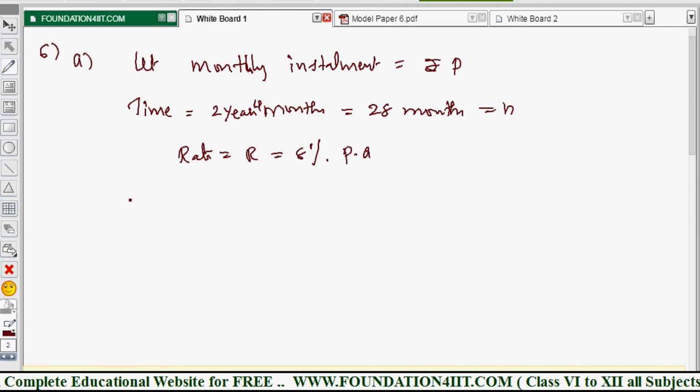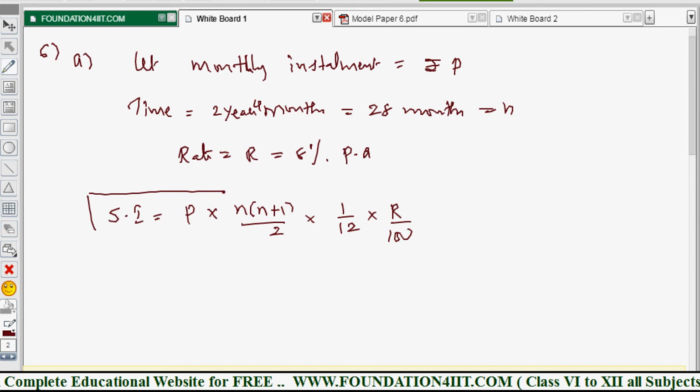Then the interest paid. So the simple interest formula in recurring deposit: we know that P into n into (n plus 1) by 2 into 1 by 12 into R by 100. Remember this simple interest formula. Using this we'll find the simple interest first.